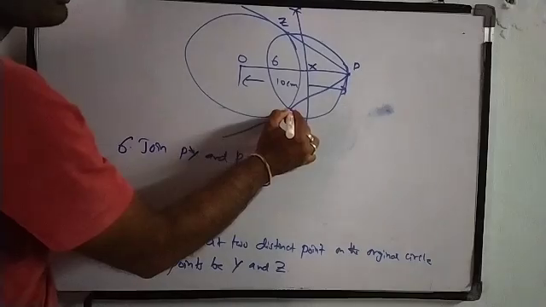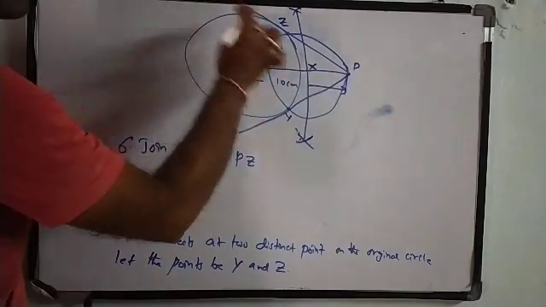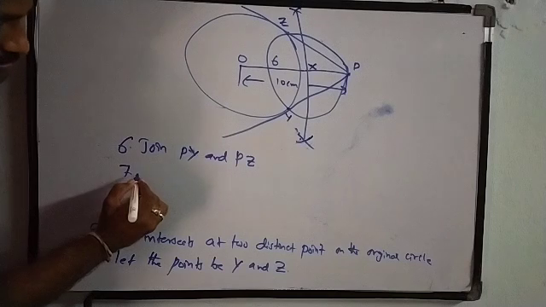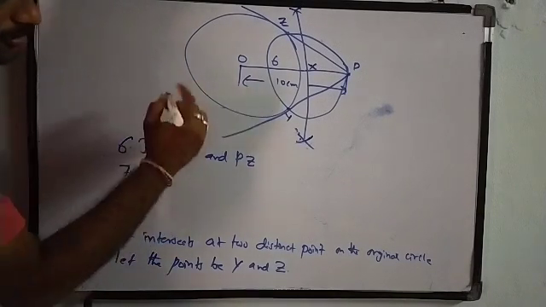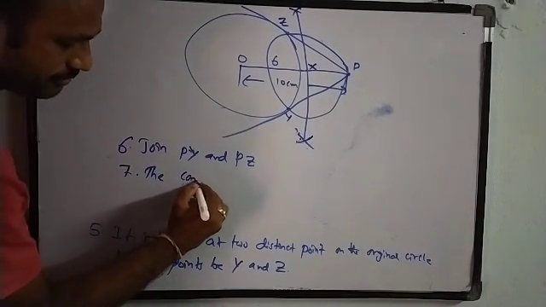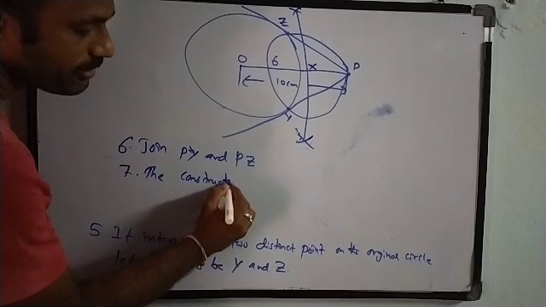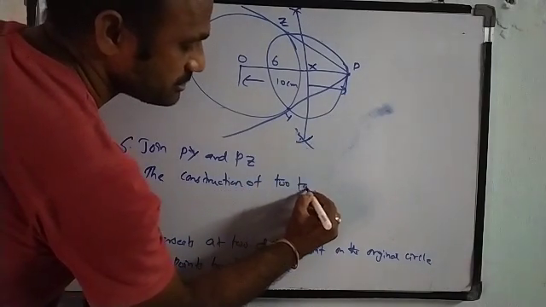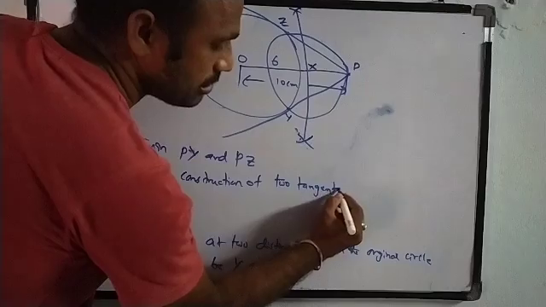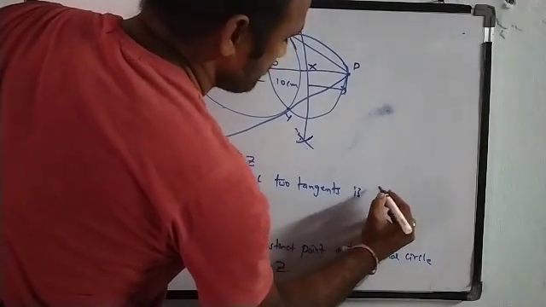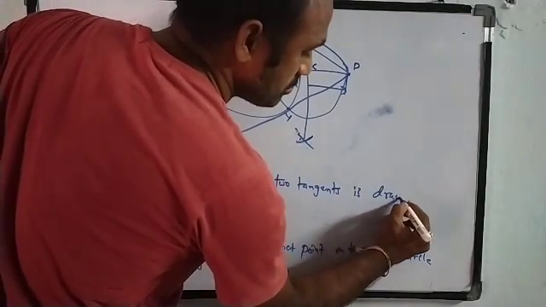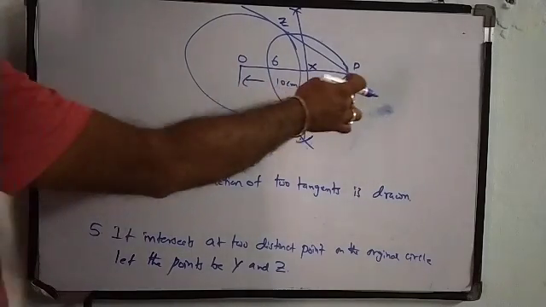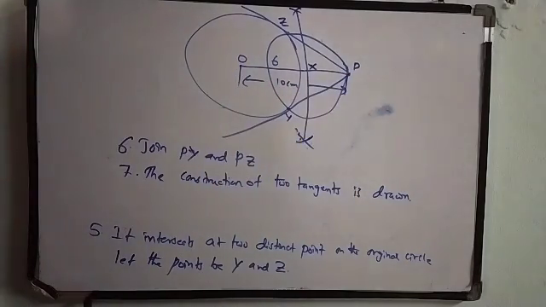We have joined them. These are the two tangents drawn to the given circle. The construction of two tangents is drawn. We have drawn the two tangents, which are nothing but PY and PZ.